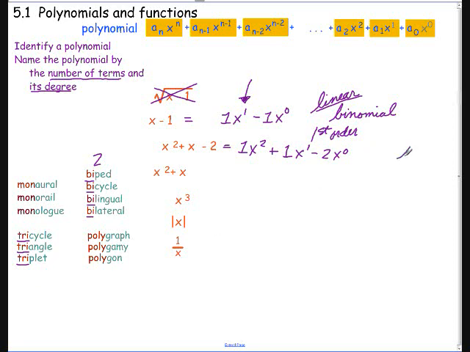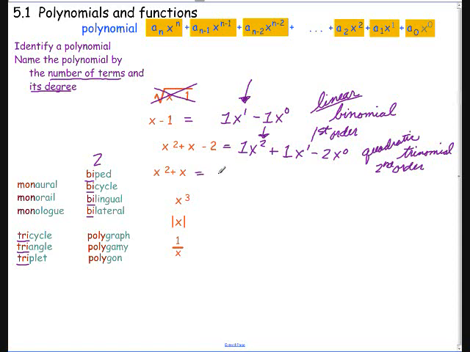Okay, so we've got a trinomial, and the order, we always go, remember, to the highest order, second order, which we usually refer to as quadratic. However, we could write it as second order trinomial.